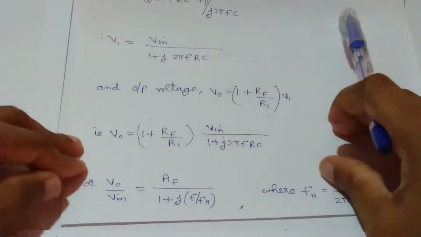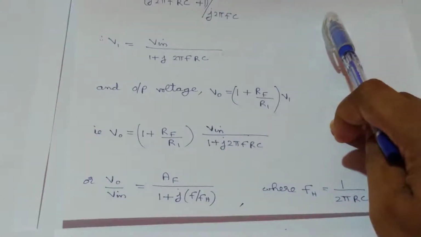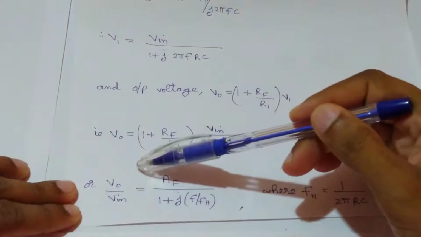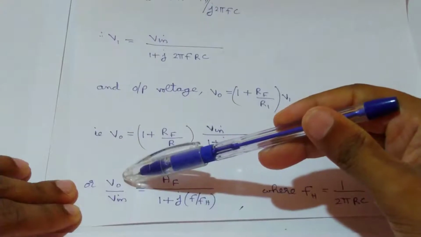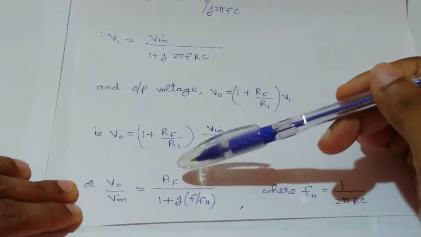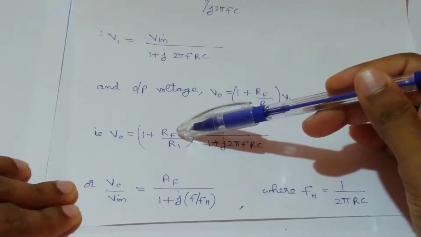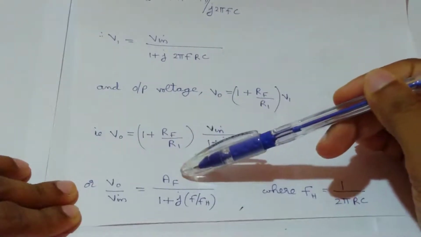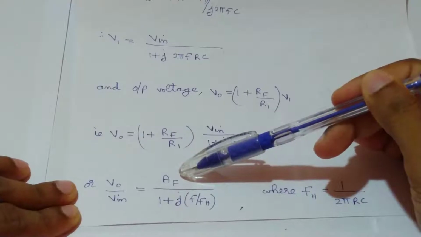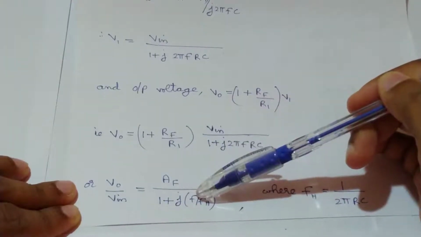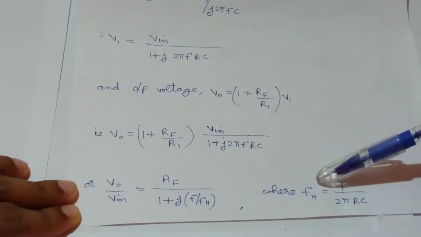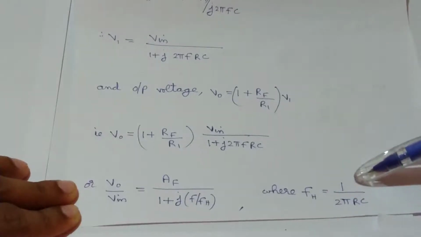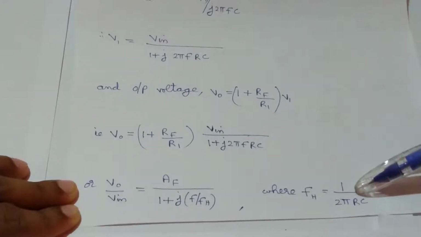Then in this equation, Vout by Vin is the gain of the filter as a function of frequency, and AF is equal to 1 plus Rf by R1, which is the passband gain of the filter. And this frequency f is the frequency of the input signal, and fh is equal to 1 by 2 pi RC, which is the high cutoff frequency of the filter.